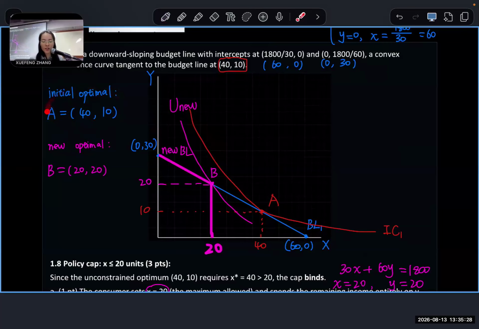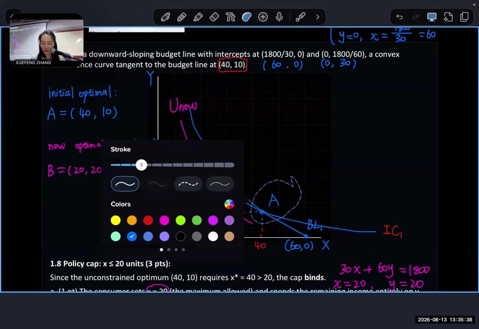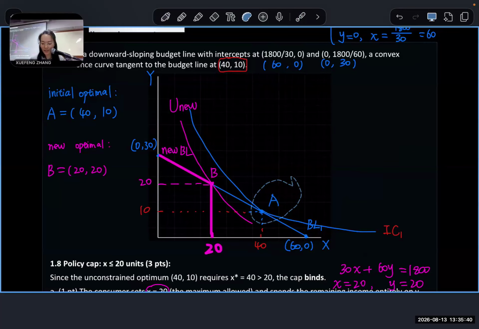This is the initial point, A equal (40, 10). Let me use blue. Okay, this is the initial point. This is the new optimal, which is point B, (20, 20). All right.